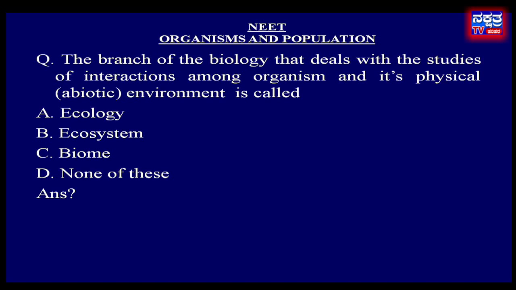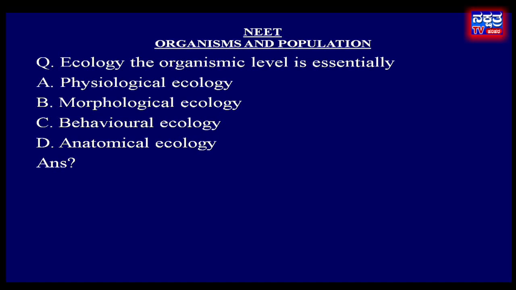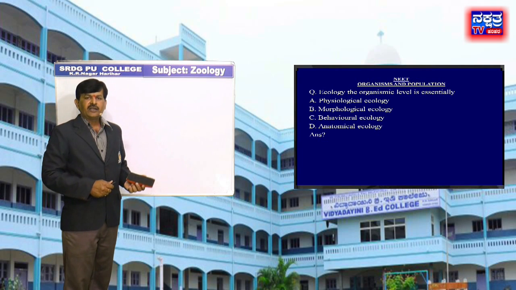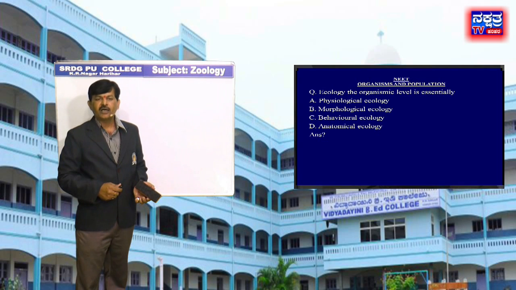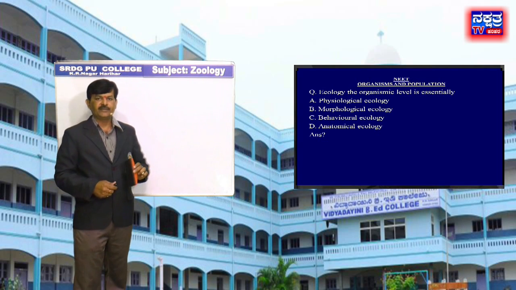Move to next question. Ecology at the organismic level is essentially option A physiological ecology, option B morphological ecology, option C behavioral ecology, option D anatomical ecology. Physiological ecology is also called ecophysiology or environmental physiology.